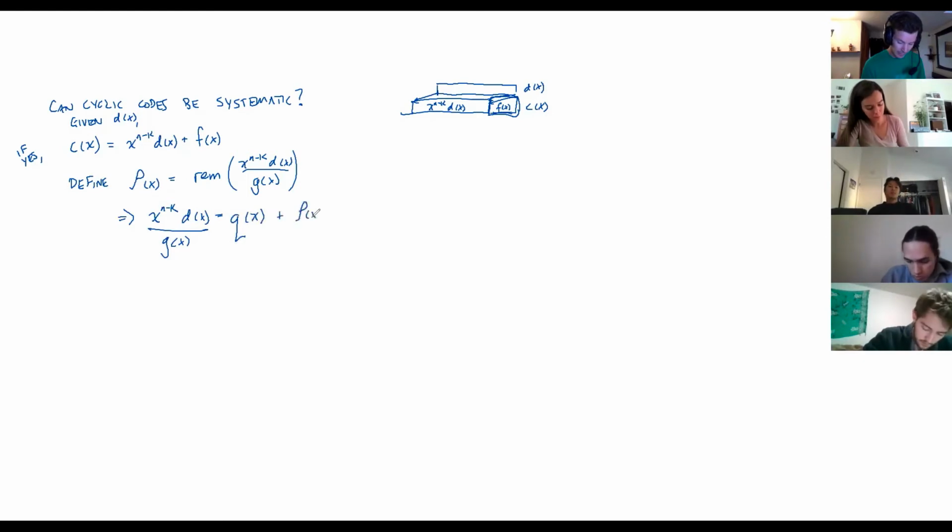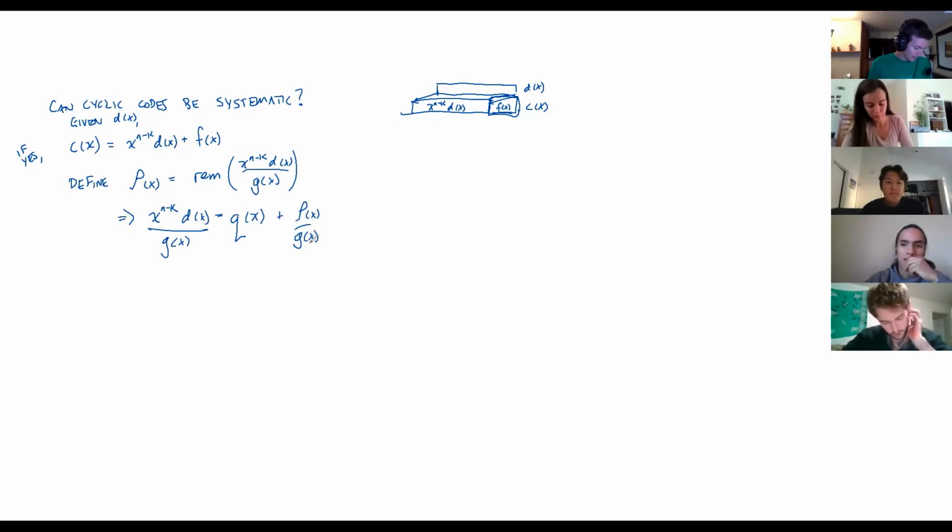This is what it means to be a remainder. And what can we do now? Well, we can add rho of x over g of x to both sides and maintain equality.